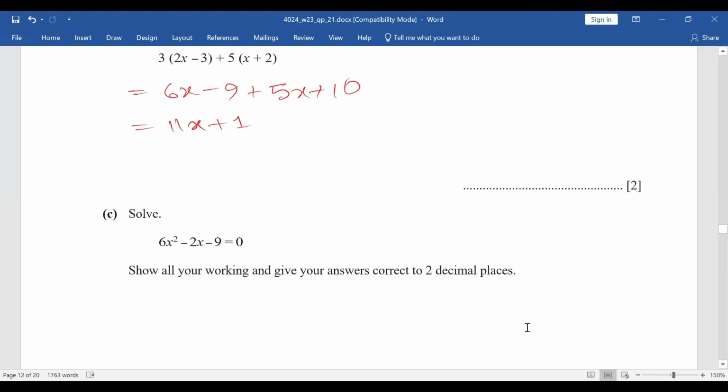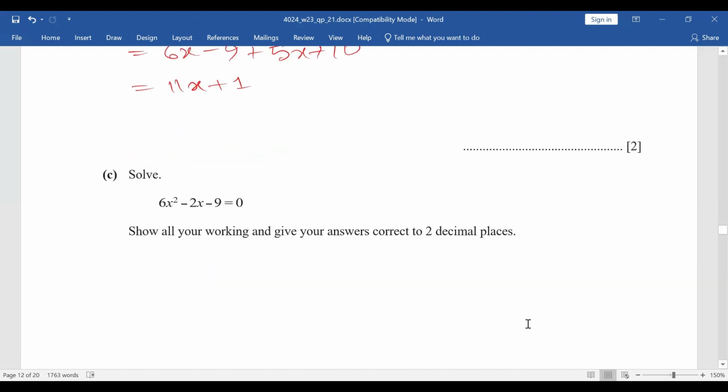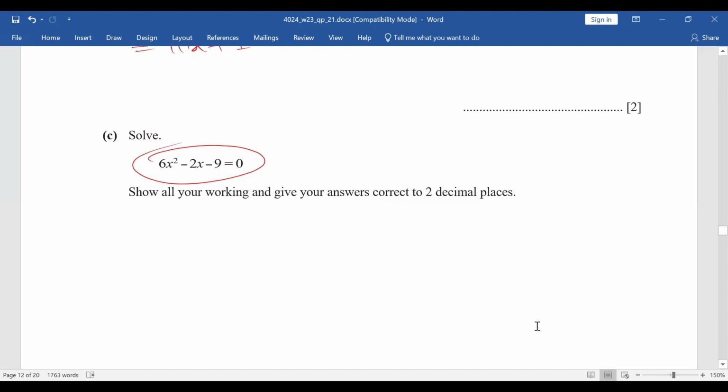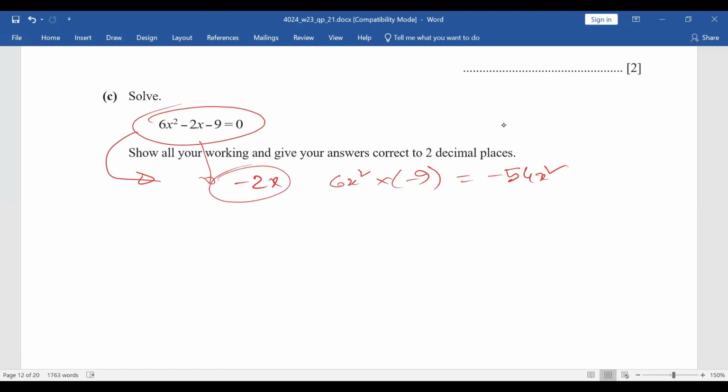Solve 6x squared minus 2x minus 9. Okay. Show all your working and give your answers correct to 2 decimal places. Let's try to solve this equation by middle term factorization. Minus 2x is the middle term. Now we have to split minus 2x into two terms whose sum is minus 2x, and whose product is minus 54x squared.